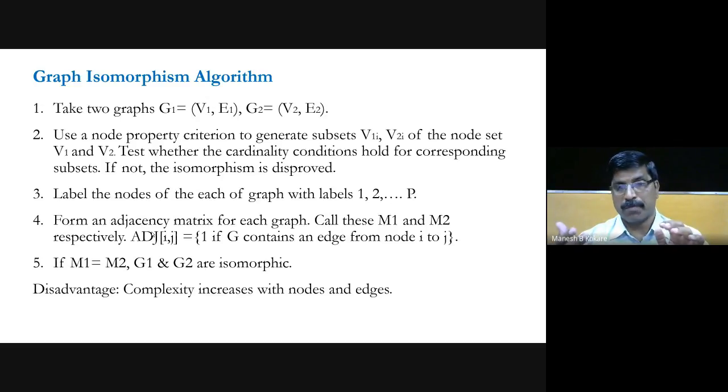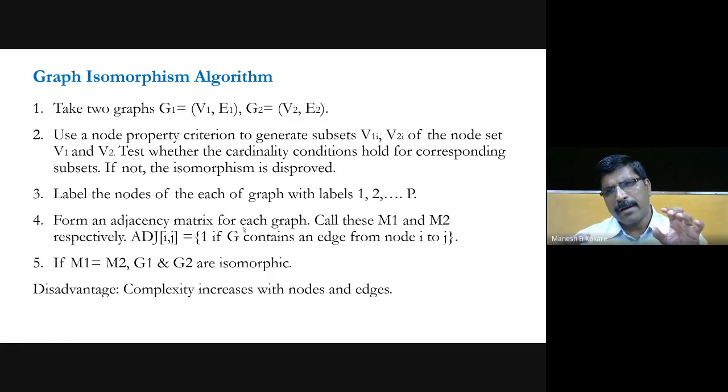There is only a possibility. Then, to find out whether they are isomorphic, the next or third step is that you have to label graph 2, the unknown pattern, with nodes 1, 2, up to p, and then find the adjacency matrix.